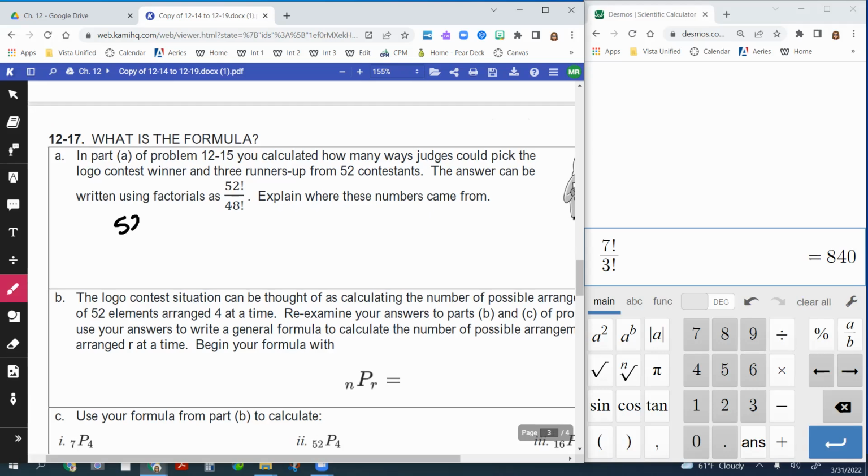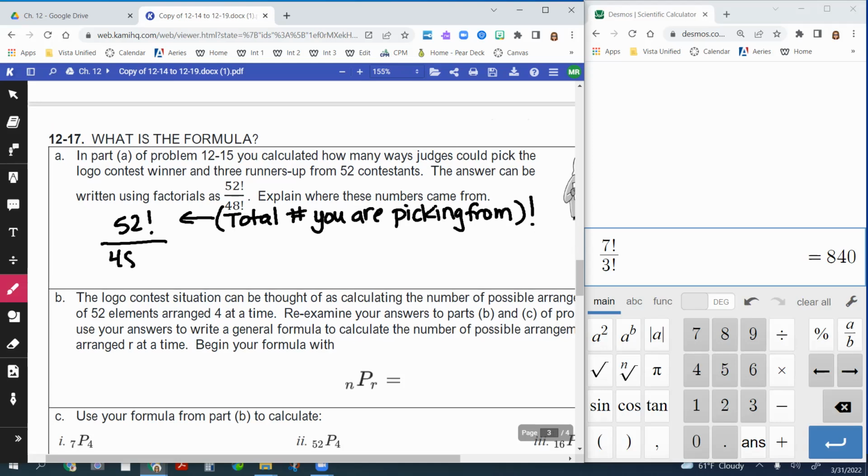So the 52 factorial is basically the total number you are picking from, factorial.